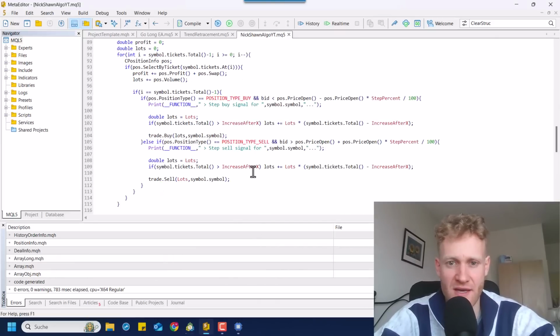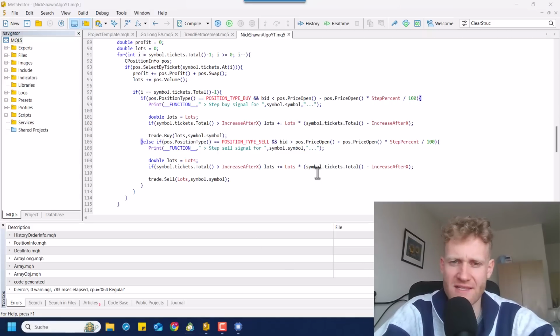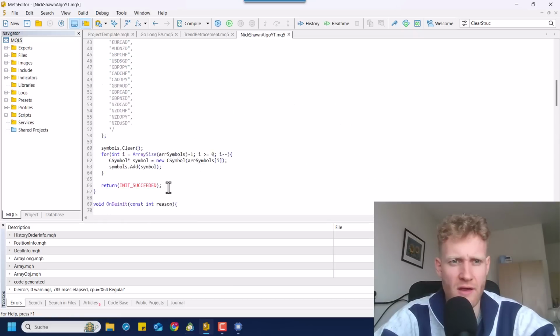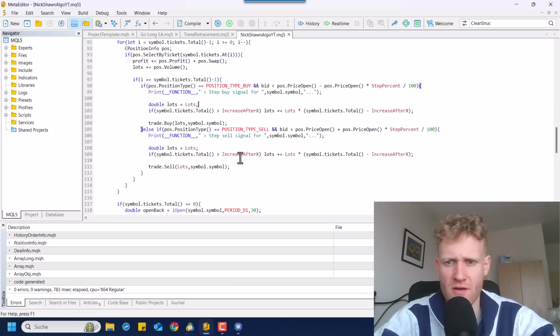The only problem is that I have to fix my calculation here. So if we are above increase after X, lots plus equals lots multiplied with symbol tickets total minus increase after X. So if we have 6 tickets in total, we should increase the lot size already, I think. I don't know why it is not working like this.